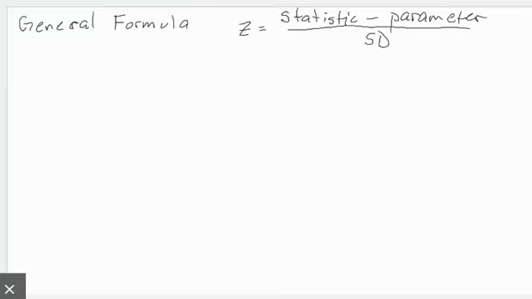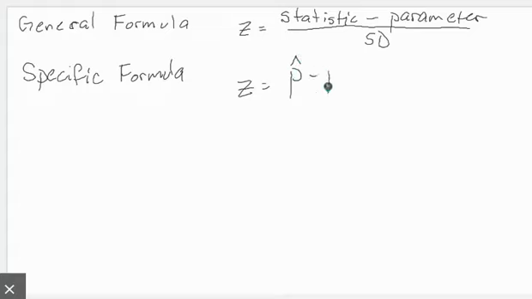All right, now let's write down our specific formula. Our specific formula is z equals p hat, which is our statistic, minus p, which is our parameter, divided by the standard deviation, which for this sampling distribution is the square root of p times 1 minus p over n.